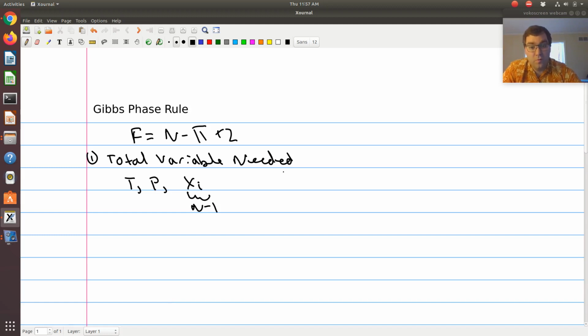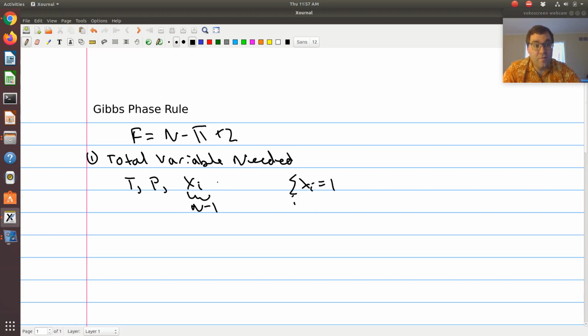When I use mole fractions, I know that my mole fractions sum to 1. So I only need to specify the mole fraction of n minus 1 of those components, because once I've specified n minus 1 of them, the nth component is fixed, right? So only n minus 1 of those mole fractions are independent.